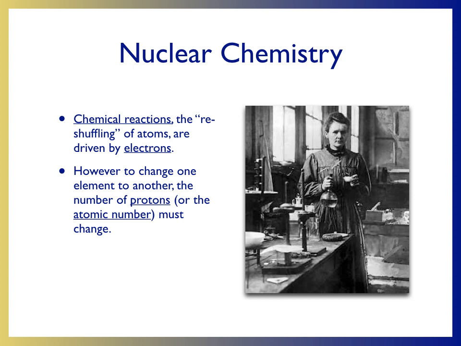This can occur because of the natural process of radioactive decay or through nuclear bombardment reactions in cyclotrons in nuclear facilities. So when we look at nuclear chemistry, we're really going to look at the transformations of nuclei, either through natural processes or man-made processes.